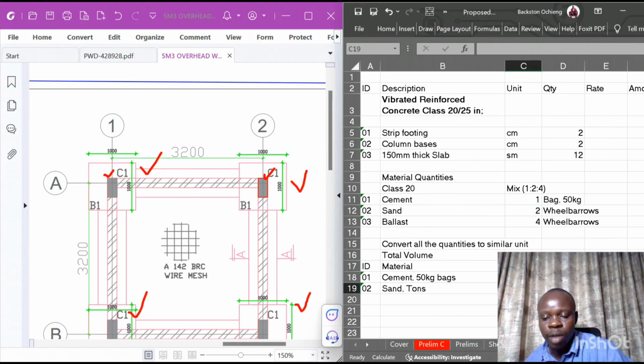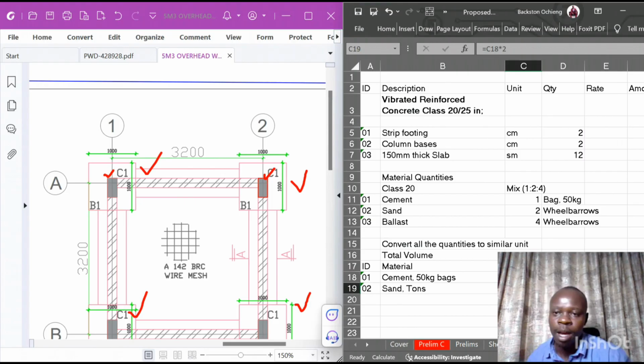So on every cubic meter, we have 6 bags of cement, and we multiply by 2. Each bag of cement takes 2 wheelbarrows, so we have 12 wheelbarrows in every cubic meter of concrete.